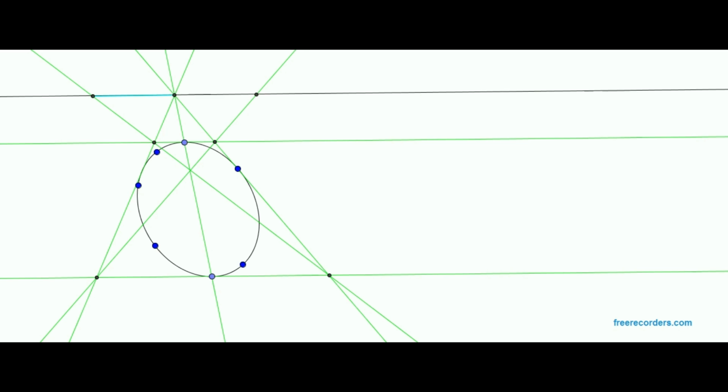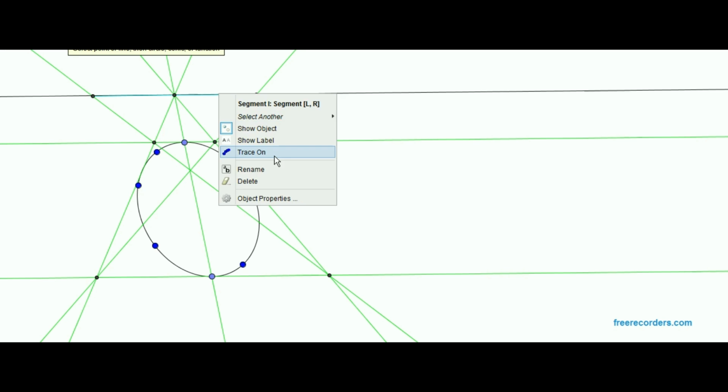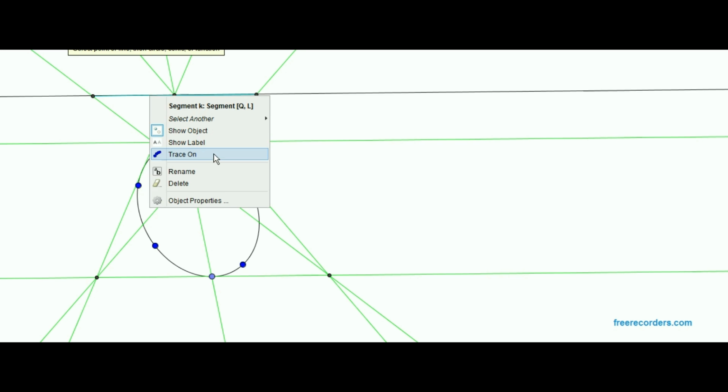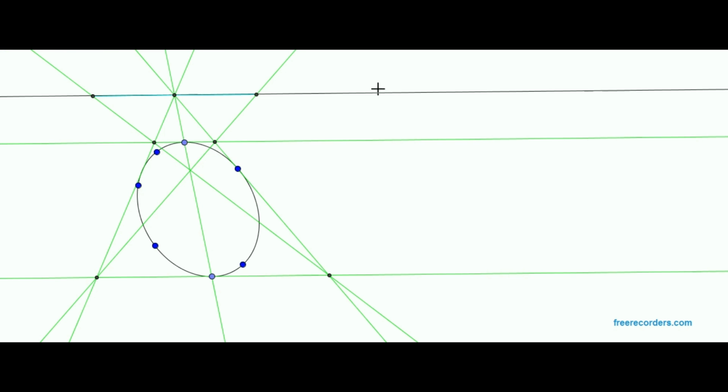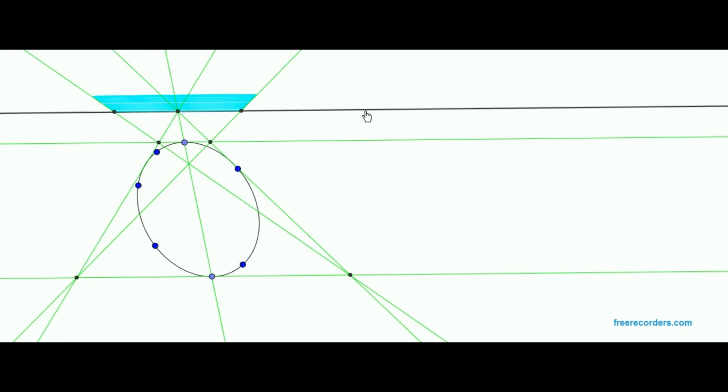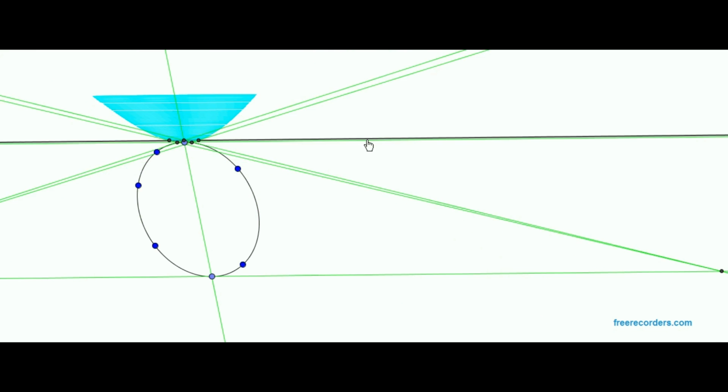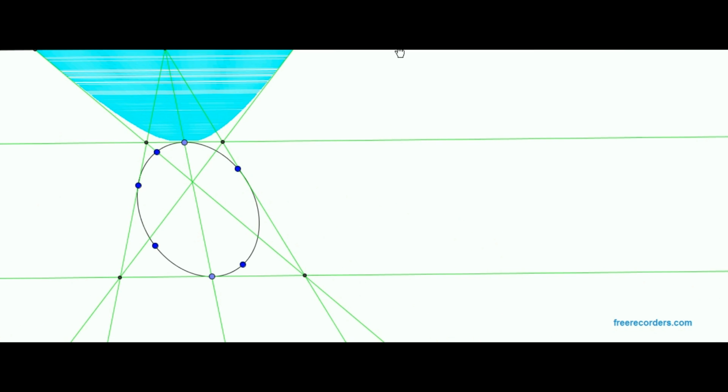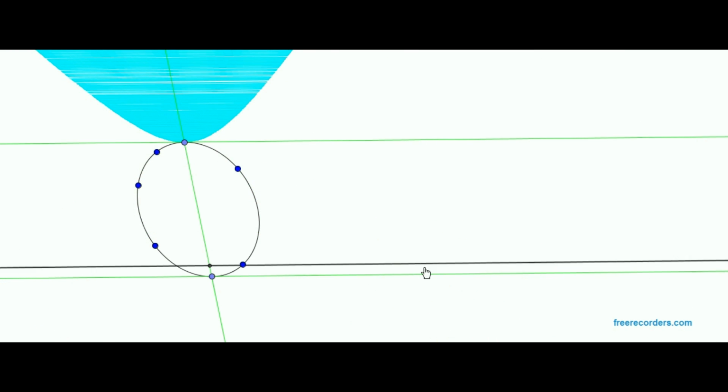We can also again look at how the family of all of these parallel lines make different complex contact points, and we can visualize one of these sort of hyperbola showing us these different points.